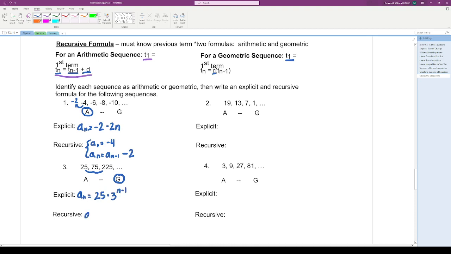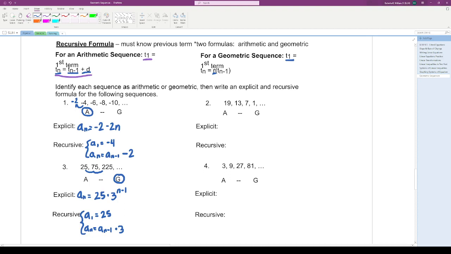Our recursive, we're going to say the first term is 25. And then any term is the previous term, an minus 1, times our common ratio of 3. We don't have any exponents here because we're just saying whatever the previous term is times 3 gives us the next term.